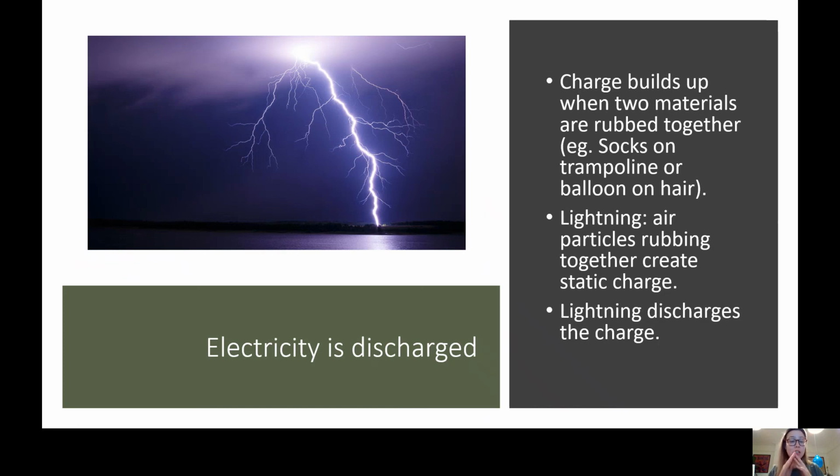So static charge is when there is an imbalance of positive and negative charge. When the imbalance becomes so great that it's no longer able to hold, that imbalance is balanced out by discharge of the two charges, and that is done by lightning. And the lightning discharges the positive and the negative charge.